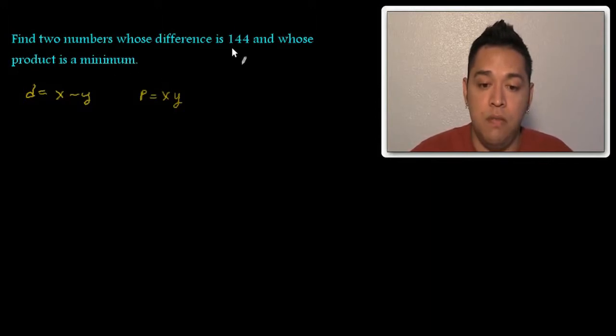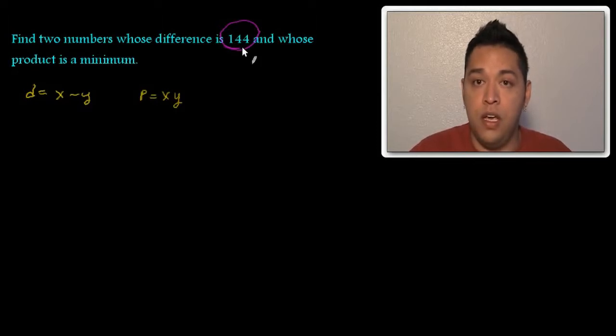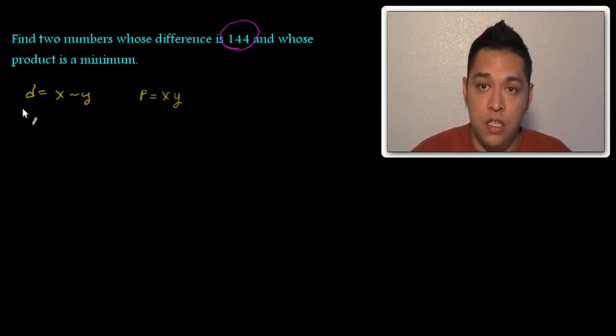Now, they're going to give you some type of information, like 144, and that's important because that's going to let you know two things. One is, if that 144 goes to this formula, which it does in our case, this number goes into the D because that's the difference of the two numbers.